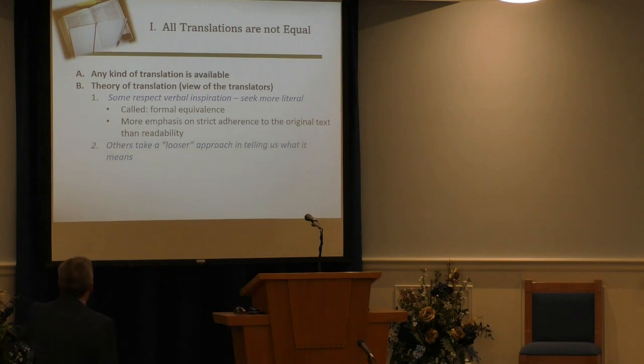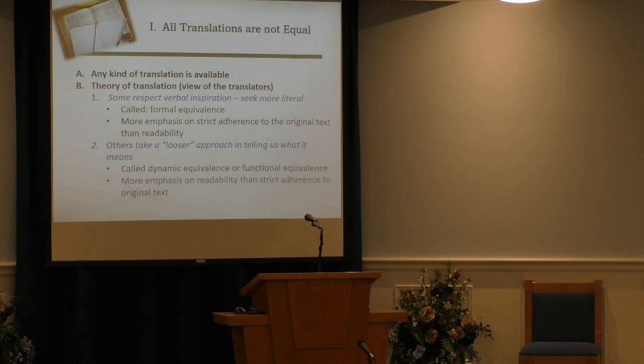The other extreme, the other side of the spectrum, takes a looser approach in telling us what it means. That's called dynamic equivalence, or functional equivalence, they call that. And that's where the emphasis is on readability more than strict adherence to the text.